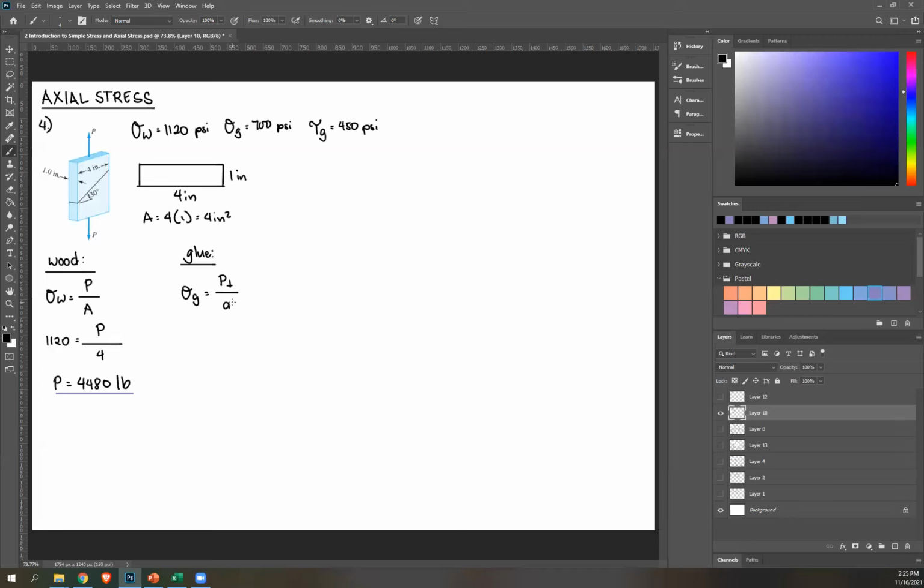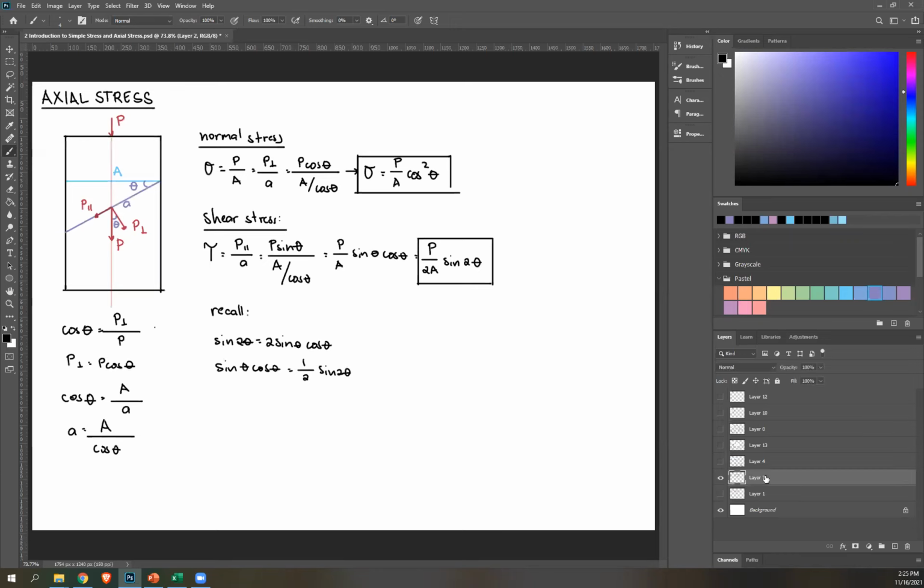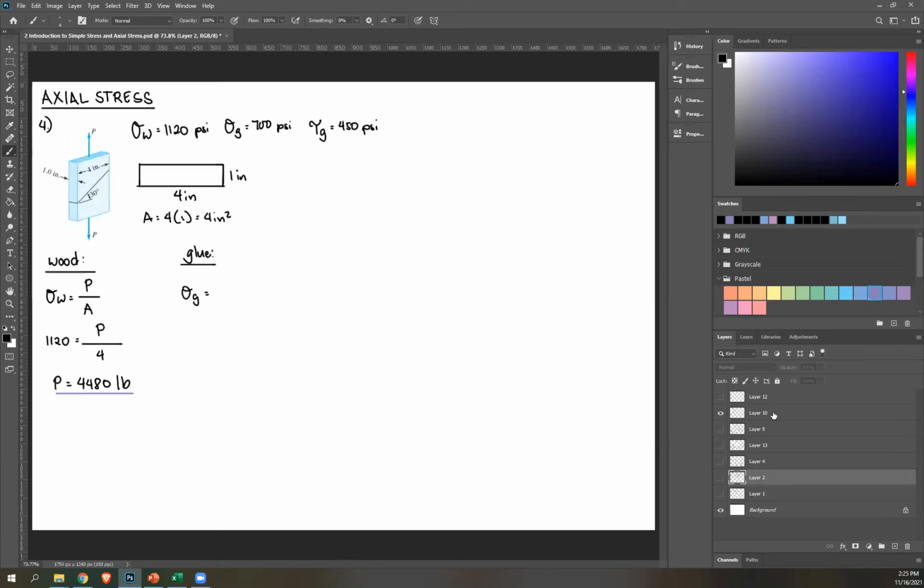So you can solve it that way: figure out what is P perpendicular and what is the inclined area. Now, luckily for us, we already have an equation for that, which is this, so you can just simply copy it. Normal stress on an inclined plane is P over A cosine squared theta.